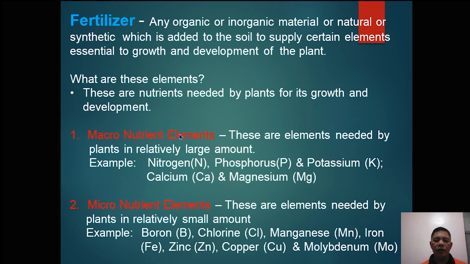Nitrogen is responsible generally in the promotion of the green color of the leaves, and in the absence of nitrogen in the soil, plants will not produce green leaves because there will be no nitrogen.